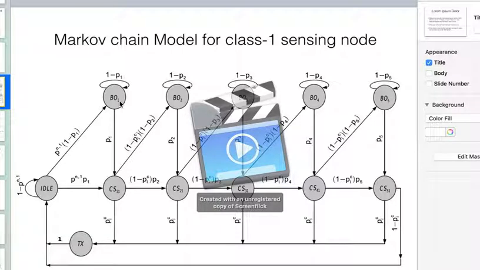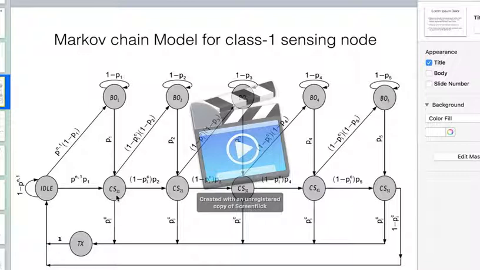It would spend a random number of backoff slots, and when it reaches 0, it will go to the CS11 state, which corresponds to performing the first CCA.